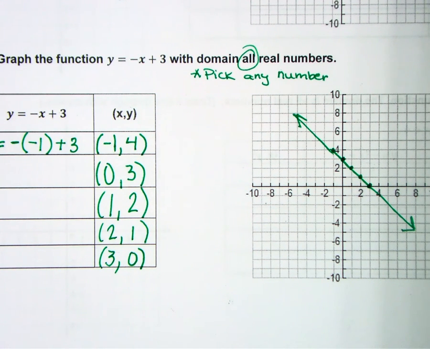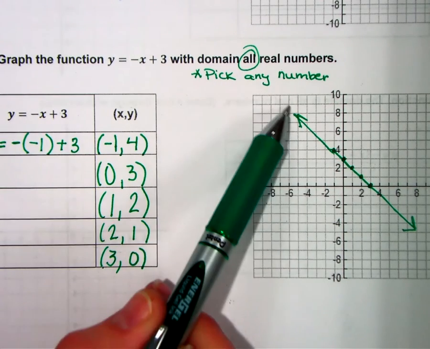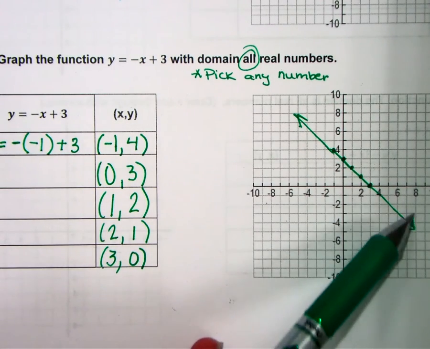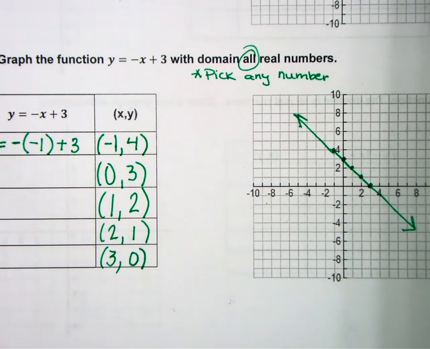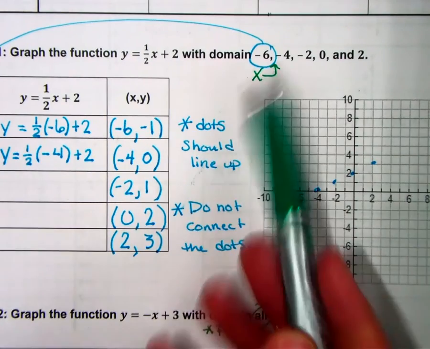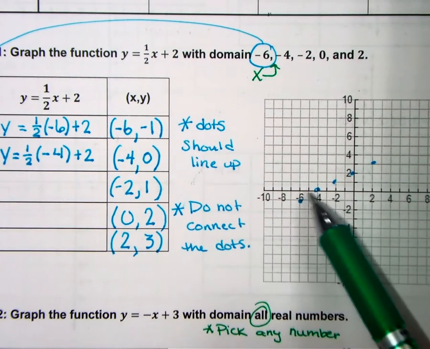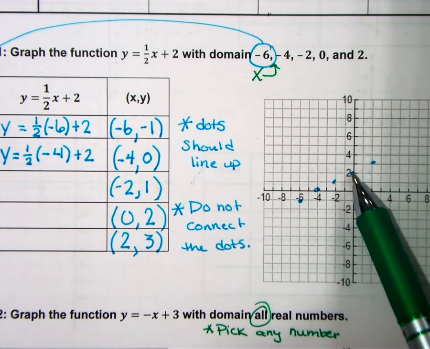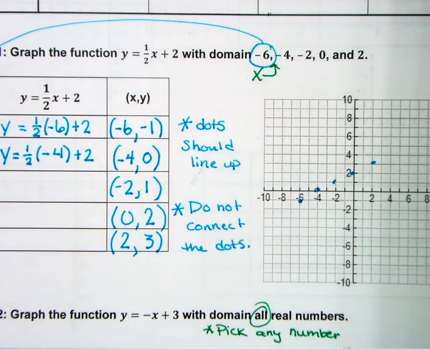The process for a level 1 and the process for a level 2 are the exact same, except you have to know that when it says all numbers, that means all the numbers, including the ones in between. And when it doesn't say that, when it gives you a very specific domain, then your dots are the only answers.